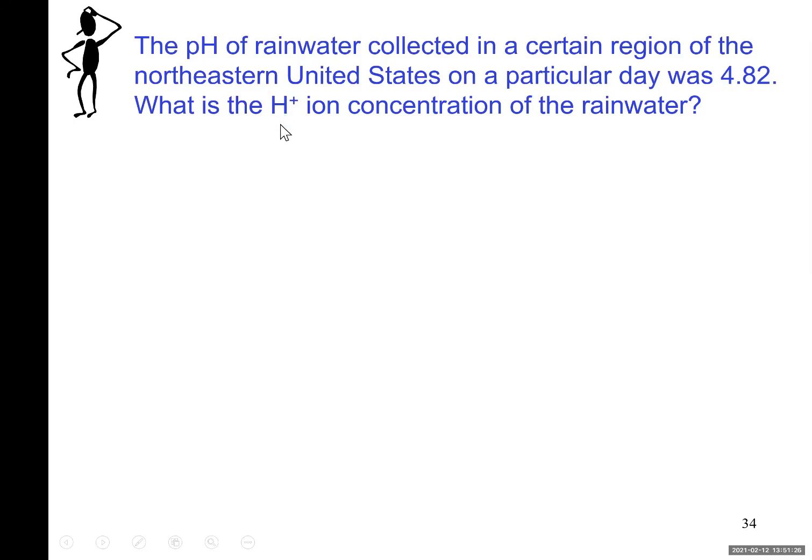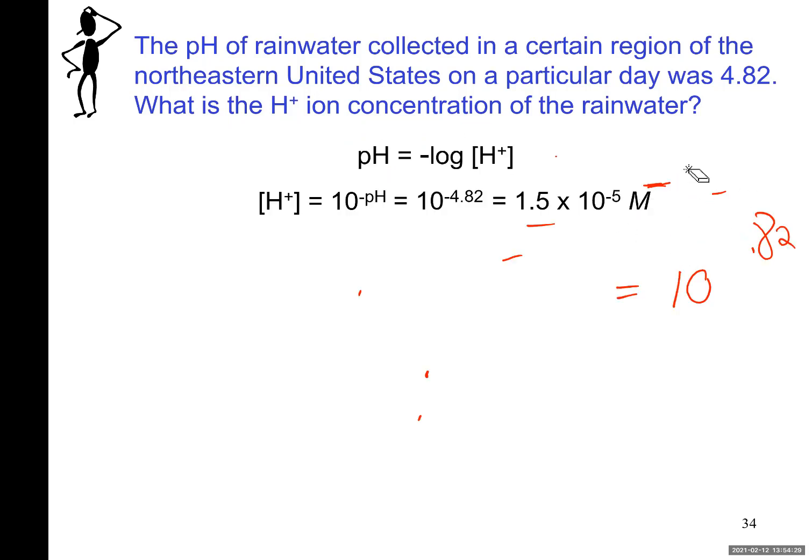You know how we said that pH is equal to negative log of the hydrogen ion concentration. The concentration of hydrogen ion is always calculated by this formula: it's 10 to the power of negative pH.